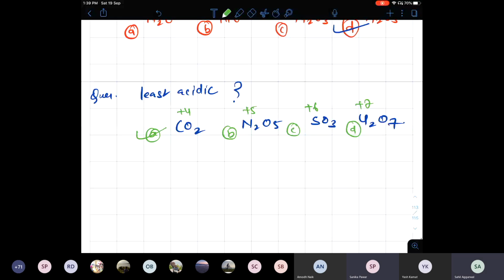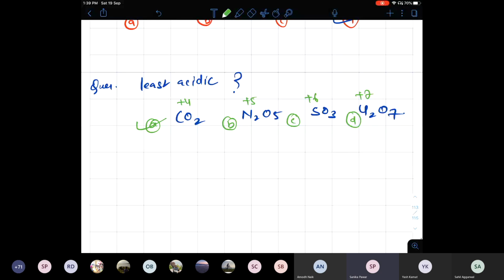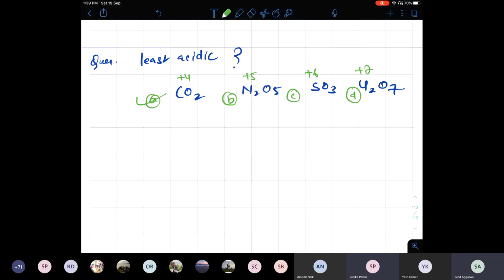Can you please speak up with a louder voice? As I just said now, we are not calculating for elements. Yes, we are calculating for compounds. We are not considering their ions. We are just considering the charge on the central atom.